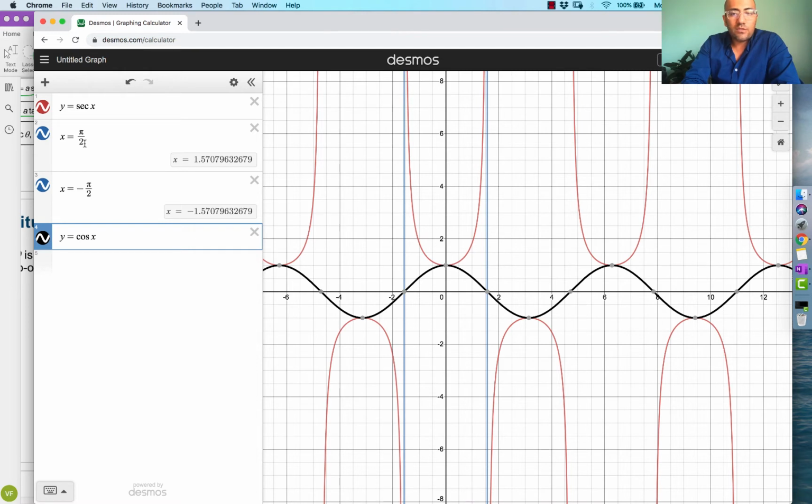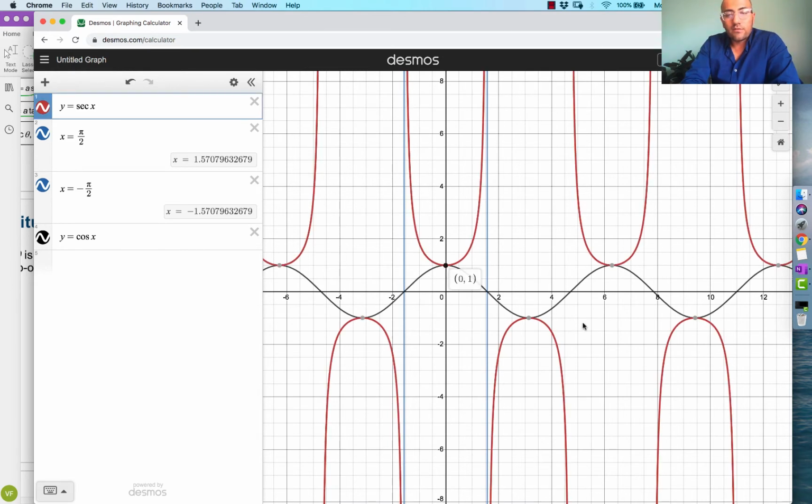So cosine equals 0 there at pi over 2, and there at pi over 2. And whenever cosine equals 1, secant, which is 1 over cosine, is also going to equal 1. So there, and there, and there, and there. Right, so all of these red ones are the graphs of secant x.